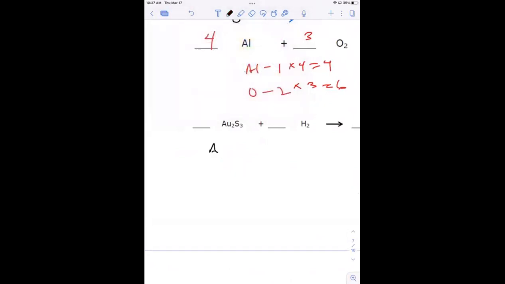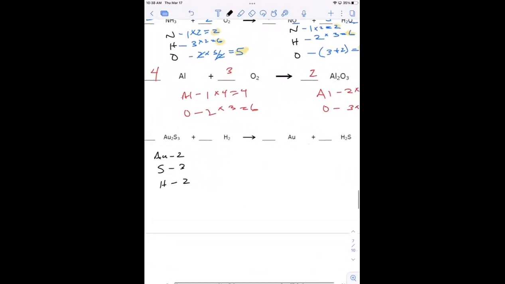We got gold, 2 gold atoms, sulfur, 3, hydrogen, 2. And then over here, we got gold, 1, sulfur, 1, and hydrogen, 2. All right, what can we do? How can we fix this?